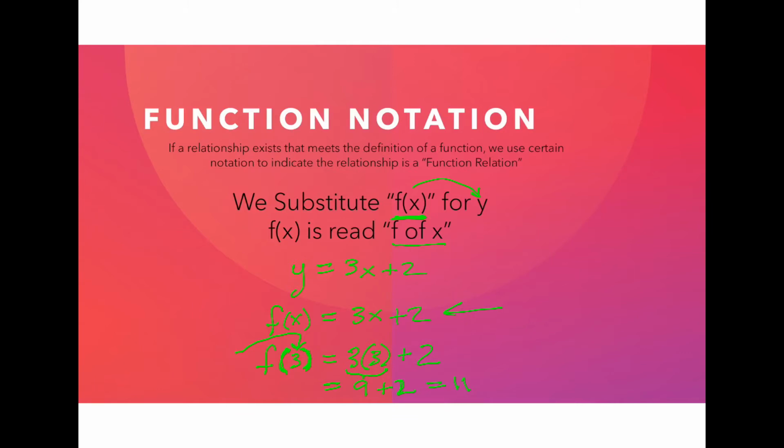So for this relation, the f of 3 equals 11. So notice this is my input, and once we evaluated it, we got the output here. A lot like the function machine. So think of those parentheses as kind of like the opening of your function machine.